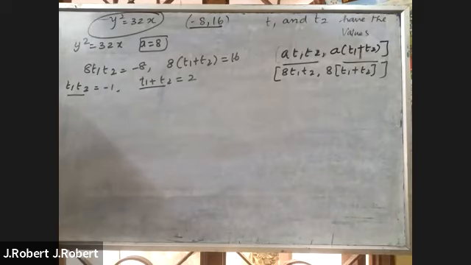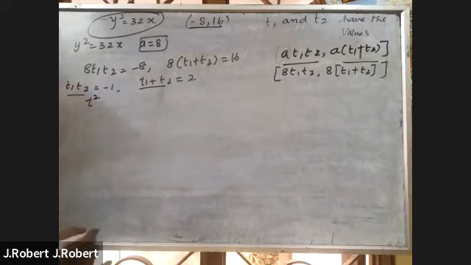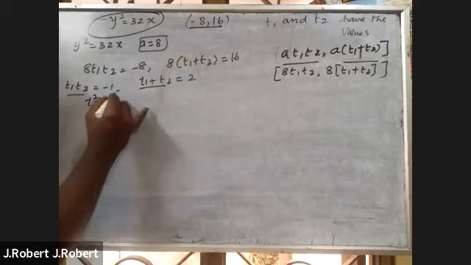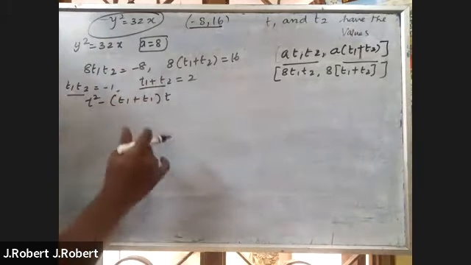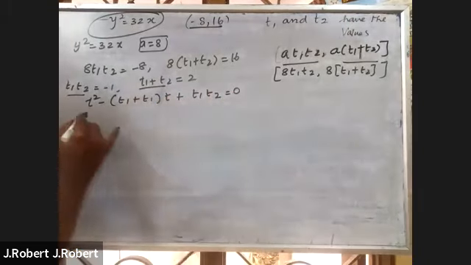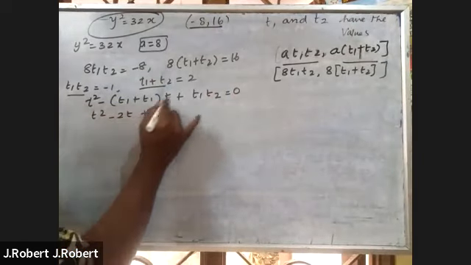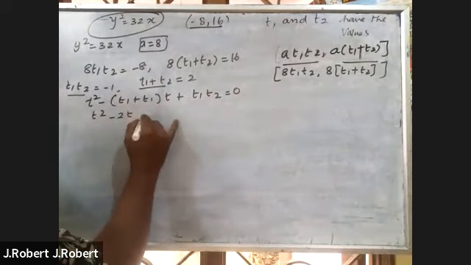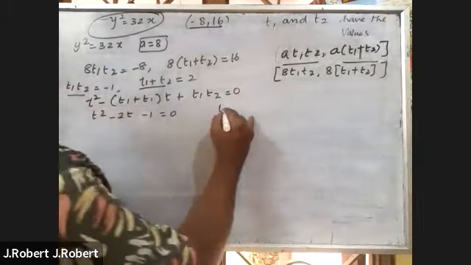We can write it in terms of T. The equation can be written as T square minus sum of the roots times T plus product of the roots T1 T2 equal to 0. So T square minus 2T plus T1 T2, which is equal to minus 1. This is a quadratic equation. Use the formula to get the values of T.